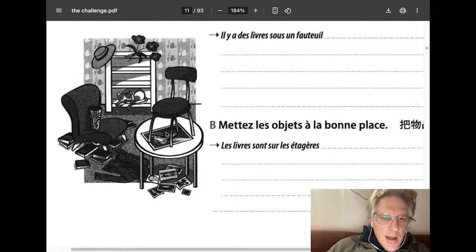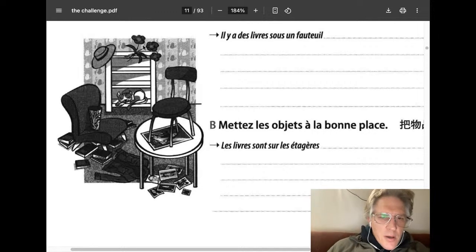Le la affiche, le affiche est sur le mur. La chaise est à côté de table.